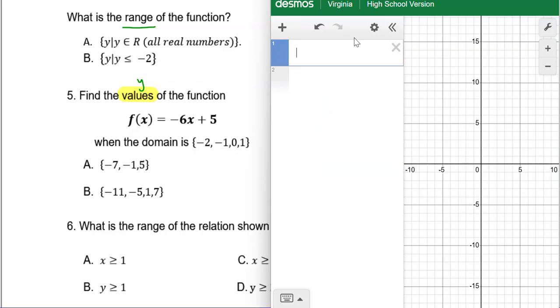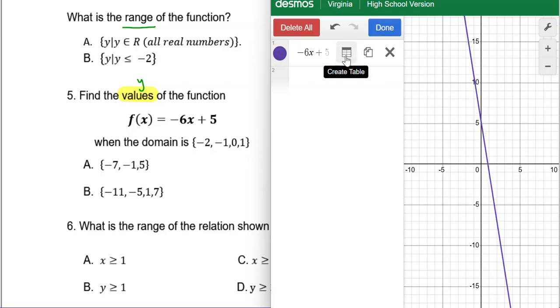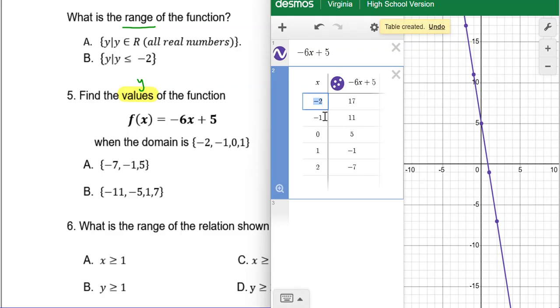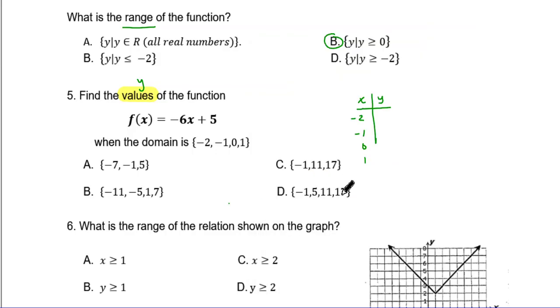You don't really need to put the f of x, I'm just going to put the function like that. You can, it doesn't hurt, you don't have to. Create a table, change the domain to -2, -1, 0, 1, I'll take off the 2, and there's my range, 17, 11, 5, and -1.